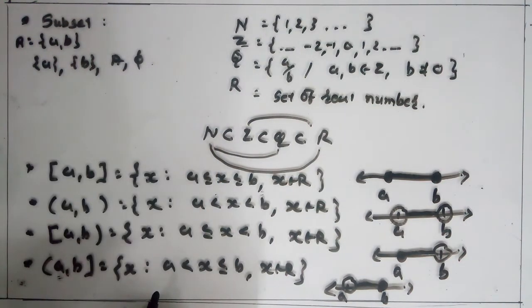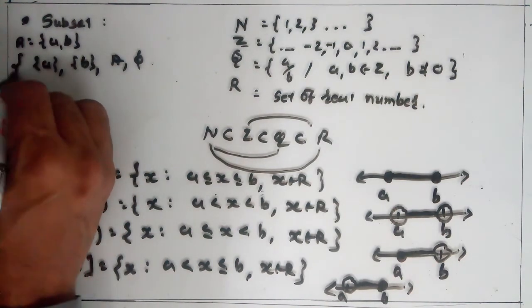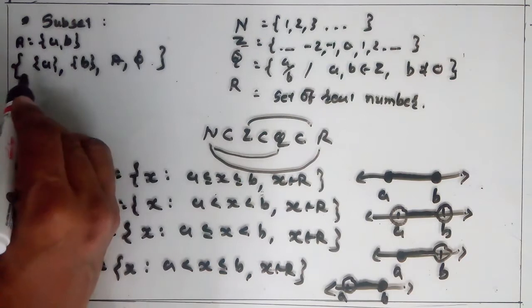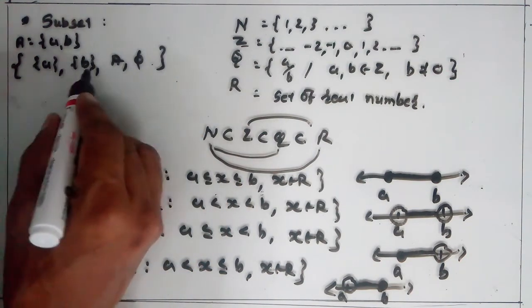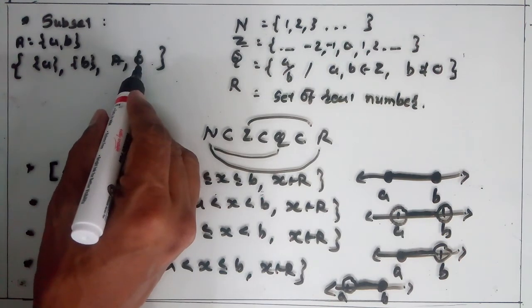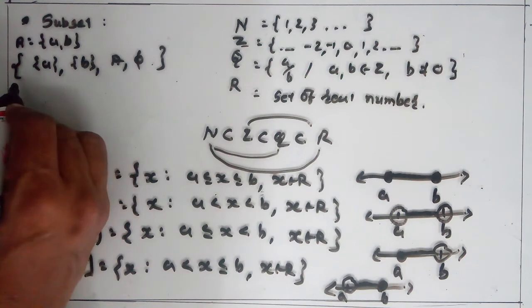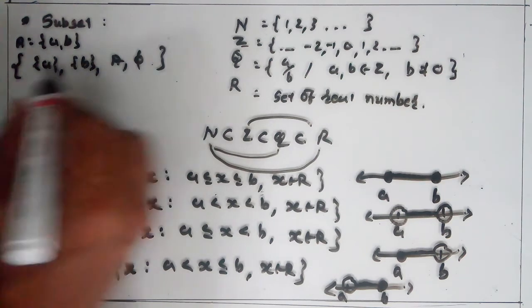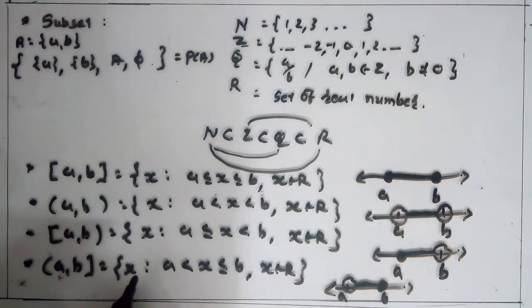If we take the set of all subsets of A, in this form, the set of all subsets of A is called the power set of A, and is denoted by P(A). Clear?